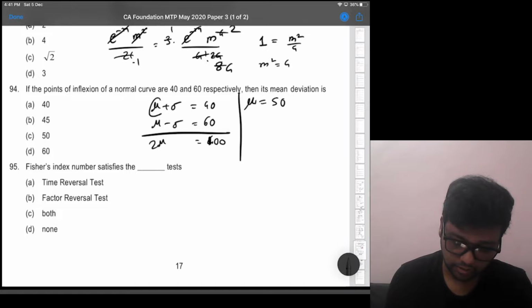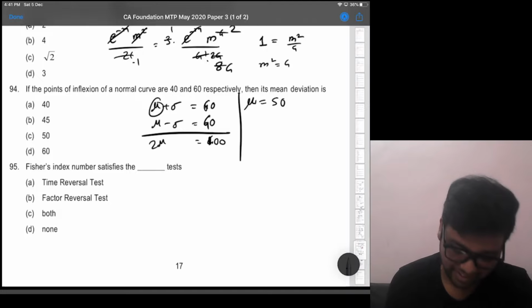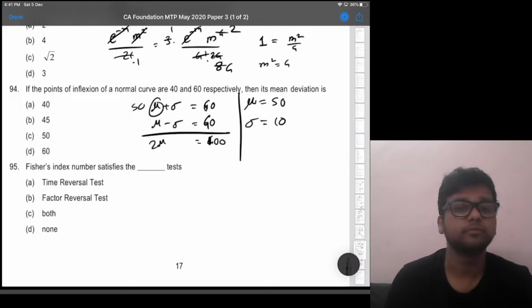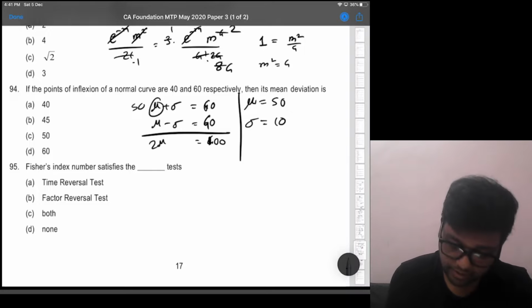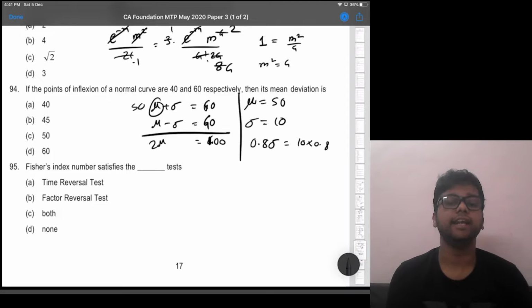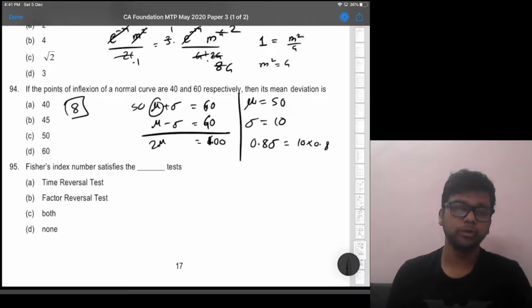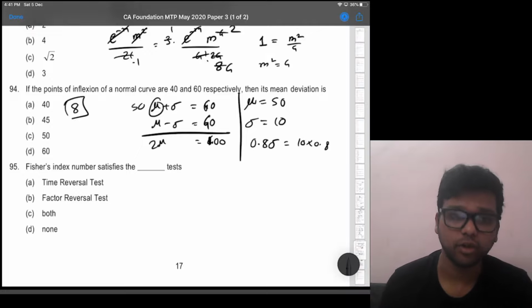Sorry, this should have been 60 and this should have been 40. So if we put this as 50, then sigma will be 10. And mean deviation is what? 0.8 sigma. 0.8 sigma will be 10 into 0.8, that is 8. 8 is the correct answer, which is not in the options. This is also from the module. In the module also, I think they have given the wrong options.